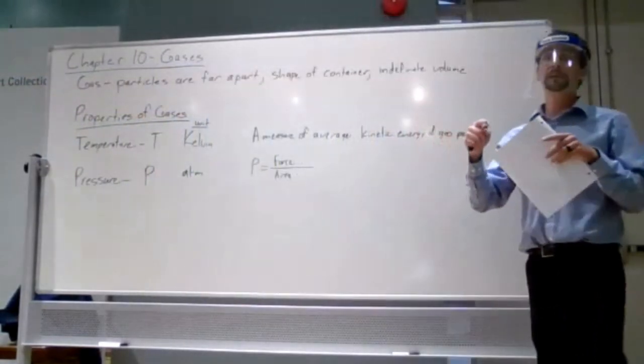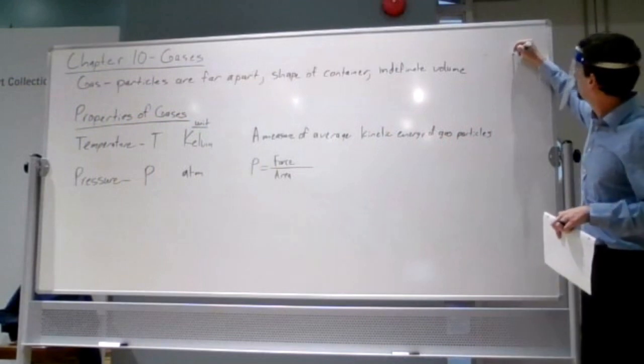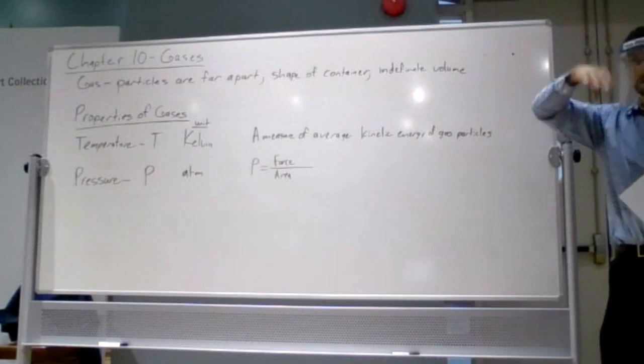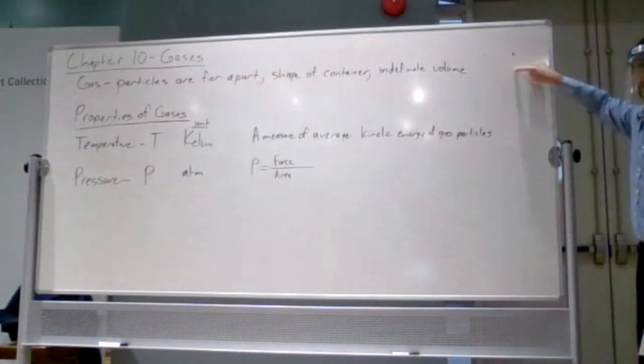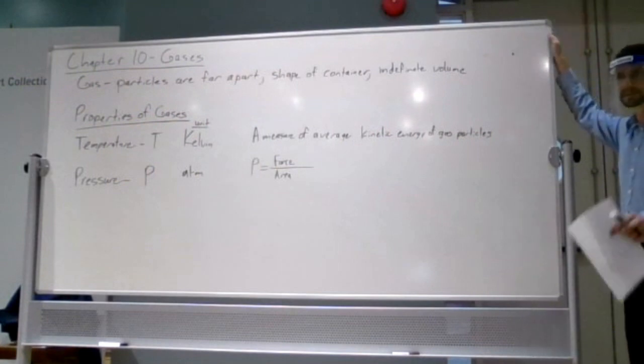It wasn't until they started studying Brownian motion, where you had a little piece of pollen, and you put it in some water and you looked at it, and what would happen is this pollen would jostle around, which is pretty weird. Shouldn't it sit stationary?